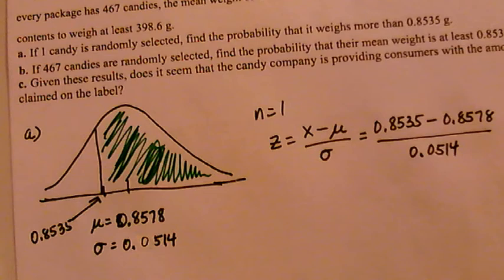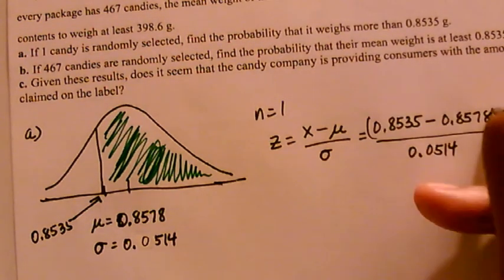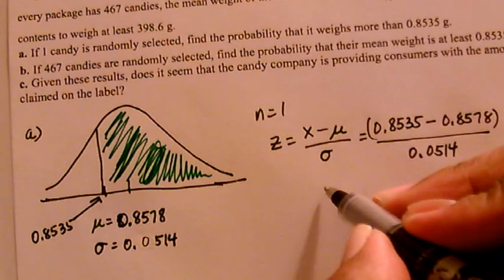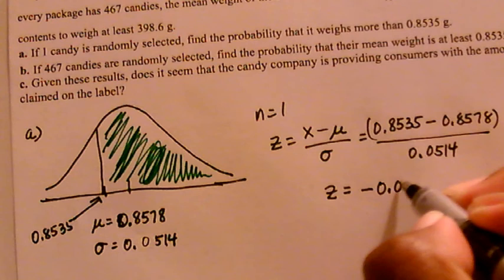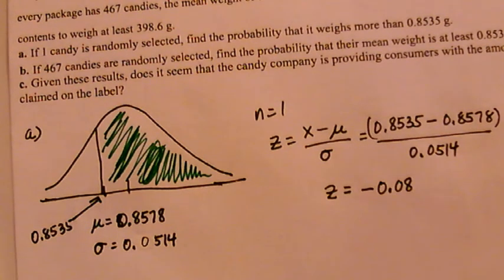Of course, you can put this in parentheses and do this on the calculator. You'll see that it'll come up with negative 0.08 as your z value.